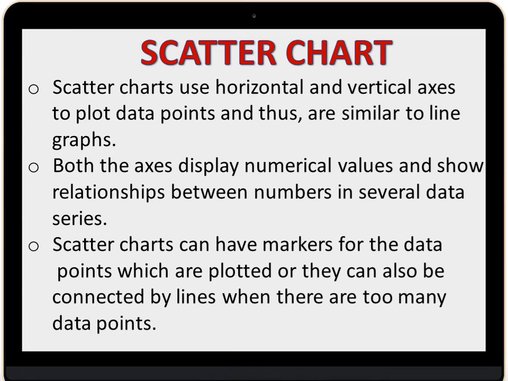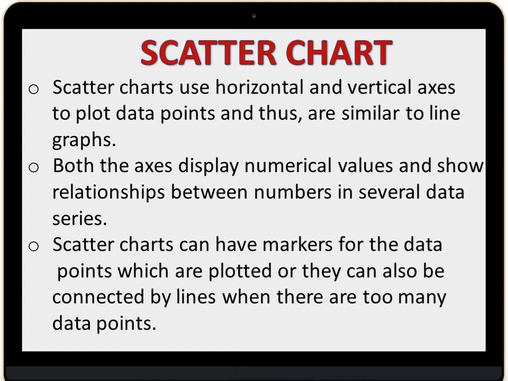Next one is scatter chart. Scatter chart is nothing but the chart which shows the relationship between different data points. Now both the axes, that is x-axis and y-axis, display numerical values and show the relationship between numbers in several data types or data series.